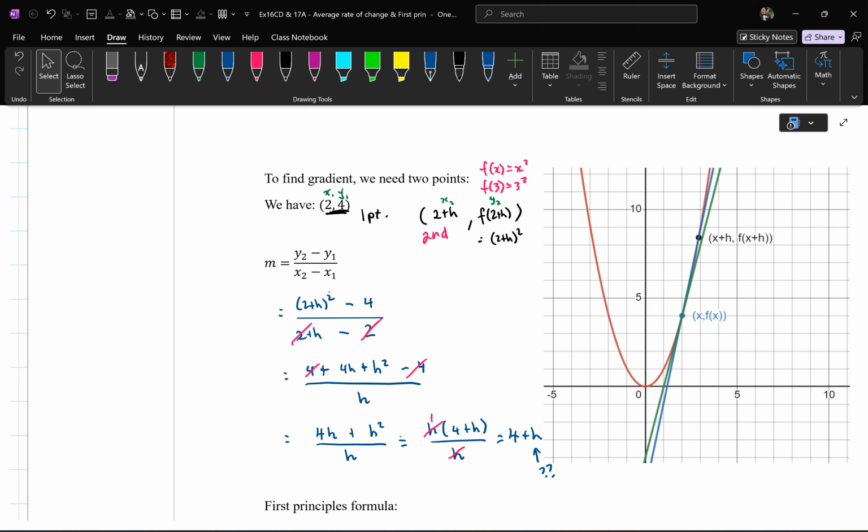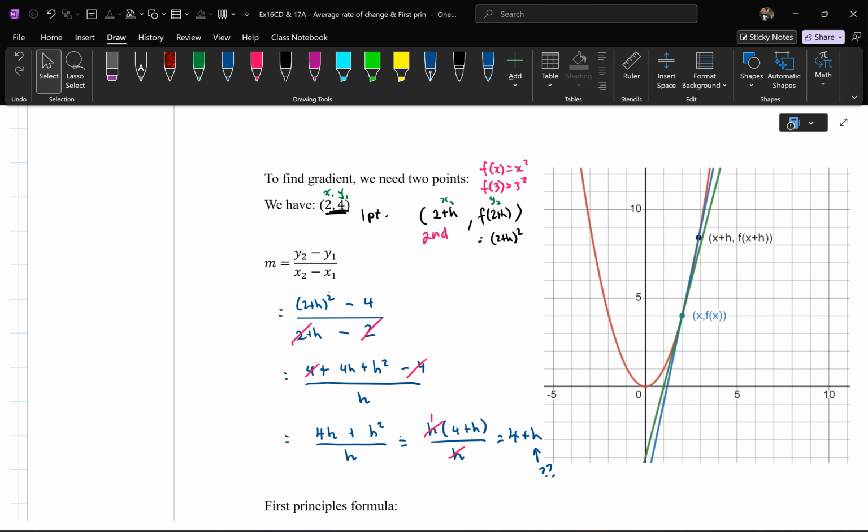So if that's the x, then the y value is just take that x value and sub it in. So we get this y value, 2 plus h squared. If I put it into the gradient formula with 2 random points, and remember they're not equal, they're just infinitely close to each other, if we solve for the gradient, you end up with 4 plus h.